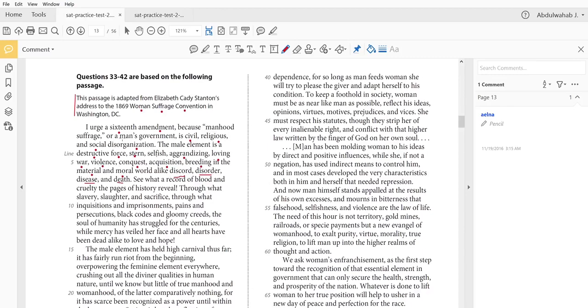Aggrandizing means it loves itself in a way. Again, right from the first few lines, we could clearly see that Elizabeth Stanton is really upset with male-dominated society, and she probably wants change. She wants a 16th Amendment, a law that would protect women's rights to vote.